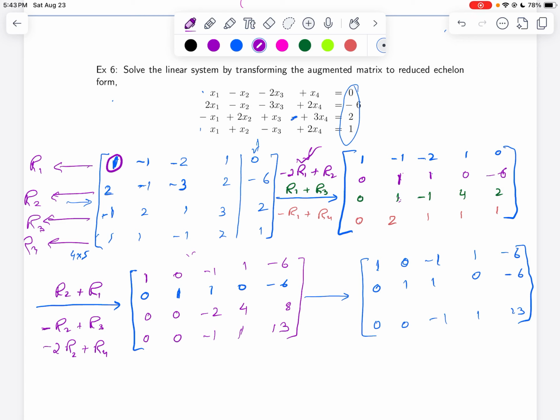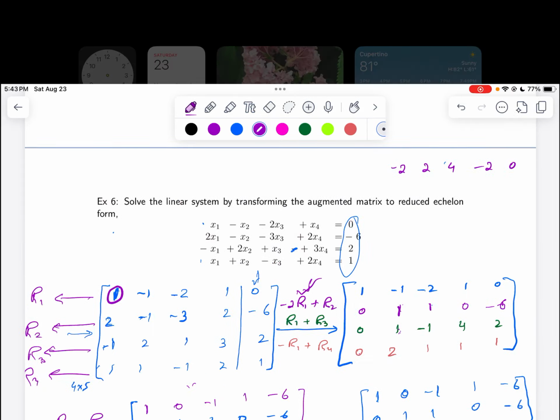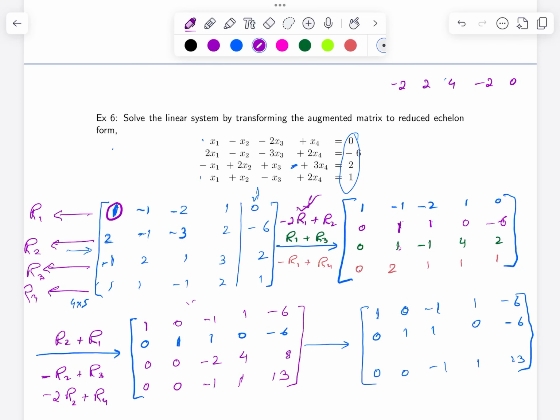So how do you do the calculation then? Well, you can do it in your head, or you can take a scrap paper, go on a side, and do that. Multiply the first row by -2, you get -2, 2, 4, -2, and then you add the second row.